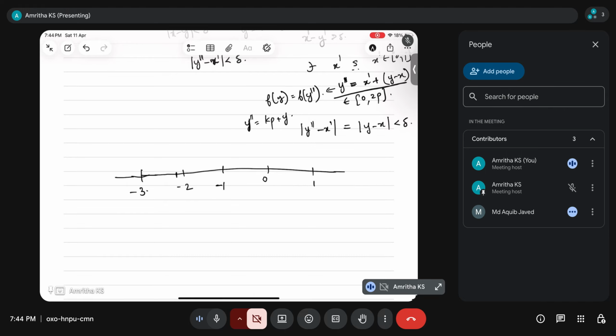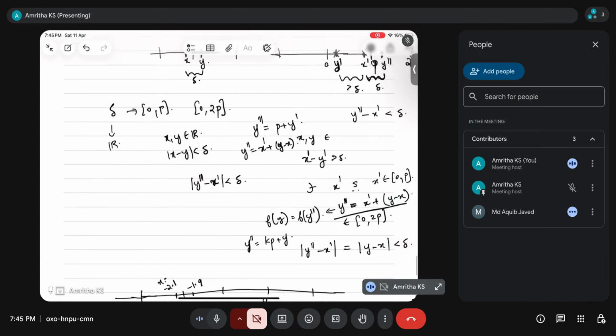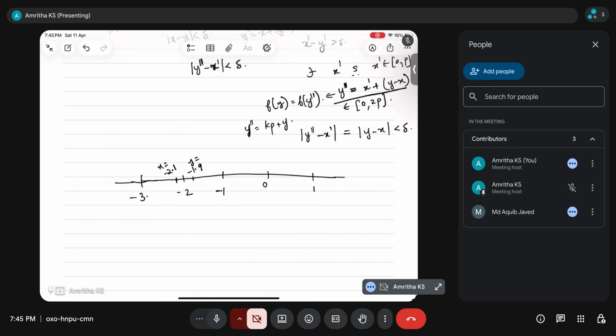It can go wrong if it is some minus 3.9 x, and 2.9, and y is minus 1.9. Then this is my x. This is my y. Then what is my x dash? 0.1, right?